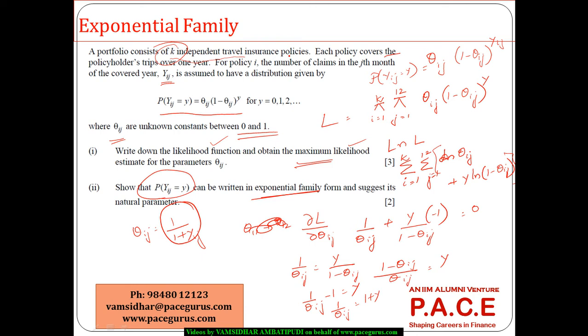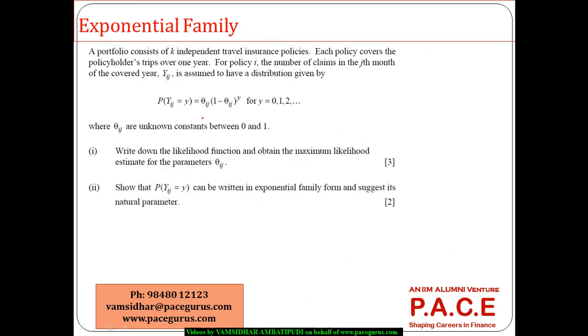So what is Yij equal to y here? This is the one. I have to write it in the form of an exponential family. So theta ij, how can I write it in an exponential form? e to the power of log theta ij. Fair enough.